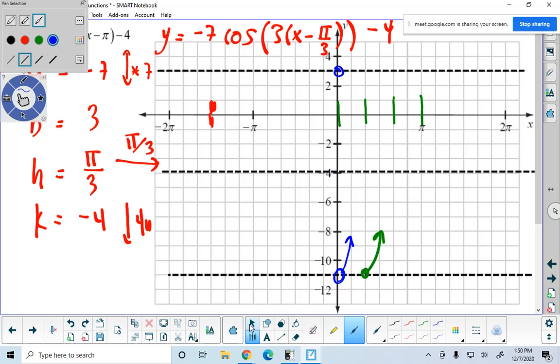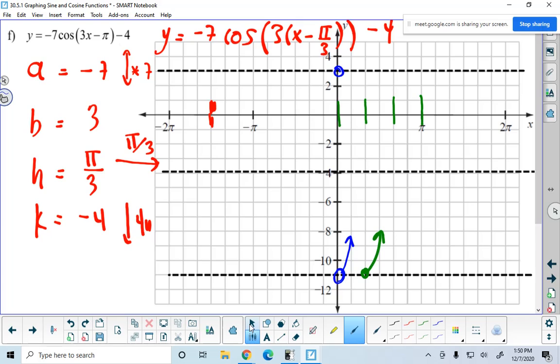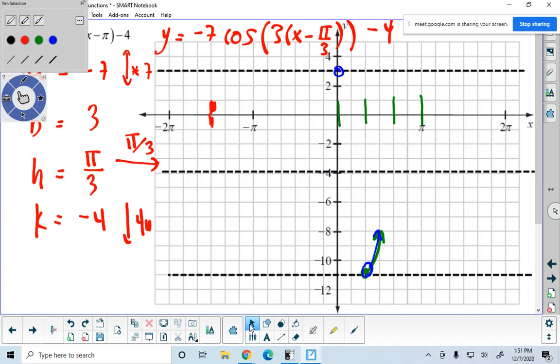But since h is pi over 3, it starts at the bottom going up, pi over 3 to the right of that point. And this, give me 1 second. The identification of this piece of information is crucial to graphing it.